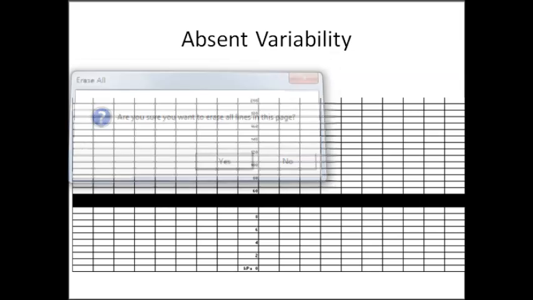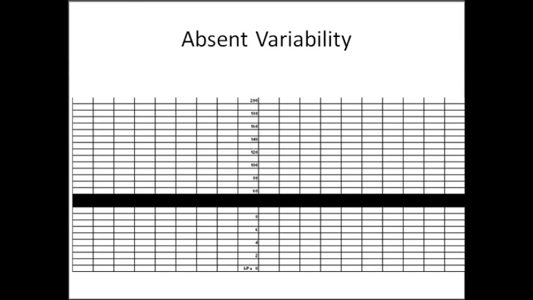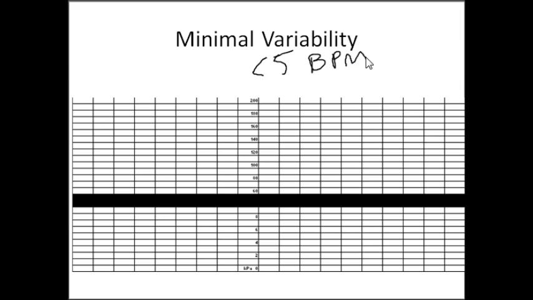So let's clear this and move to minimal variability. If I can get there. Okay, minimal variability. Minimal variability is going to be less than 5 beats per minute. Now, less than 5 beats per minute, again, I'm just going to set an arbitrary 140 value. And our baseline may go up for a little bit, may go down for a little bit, may hover at 140, may go back down a little bit, maybe go up to 145.